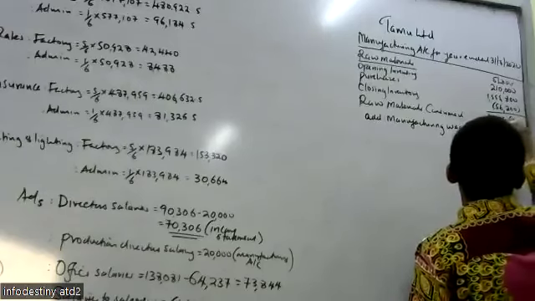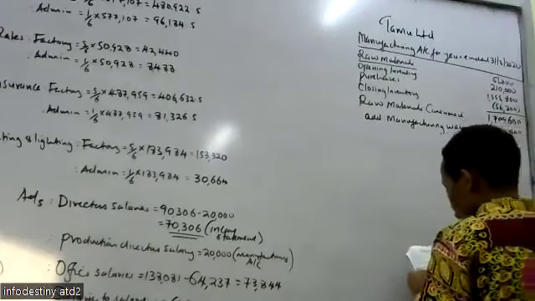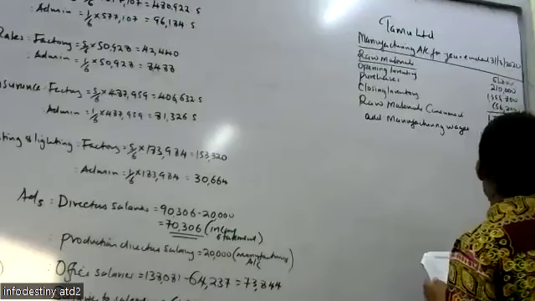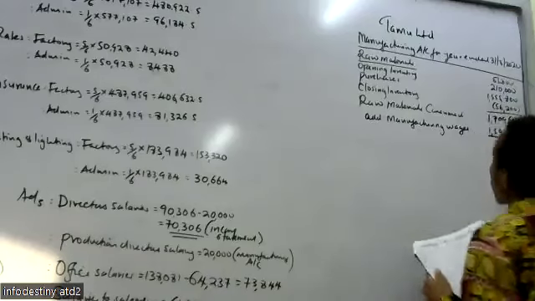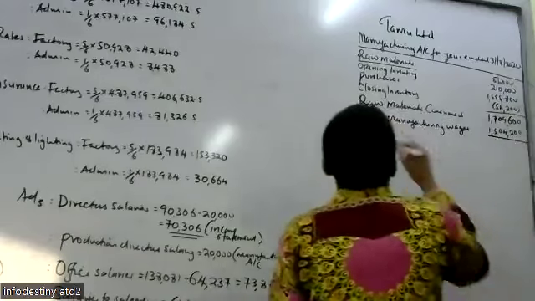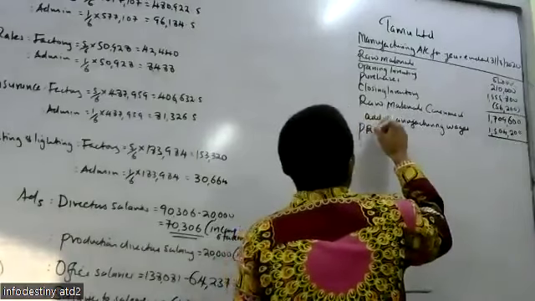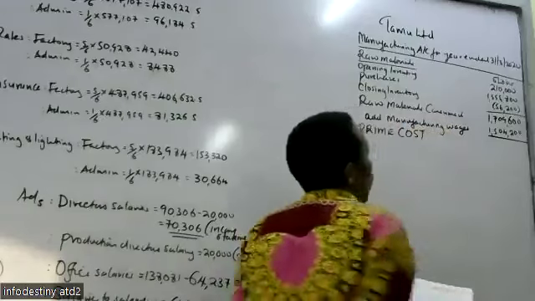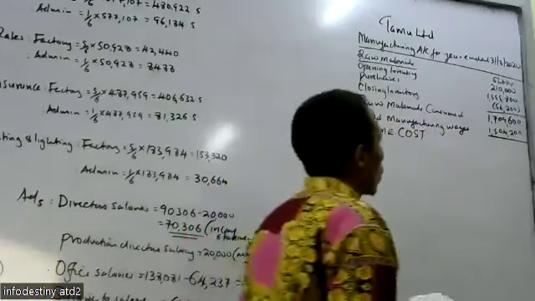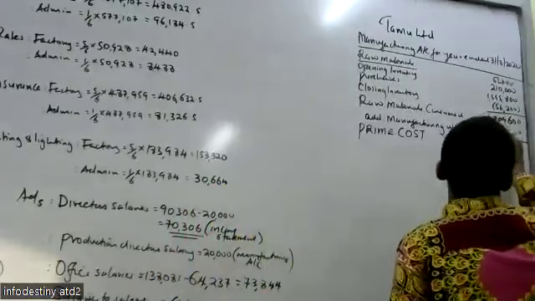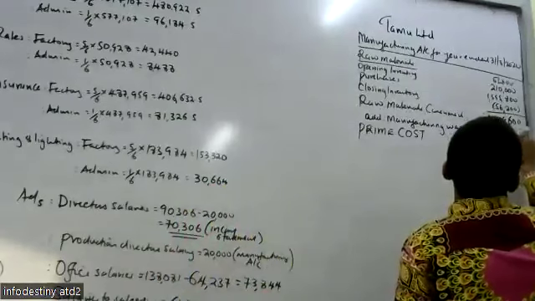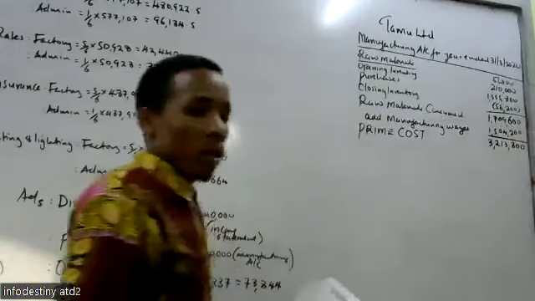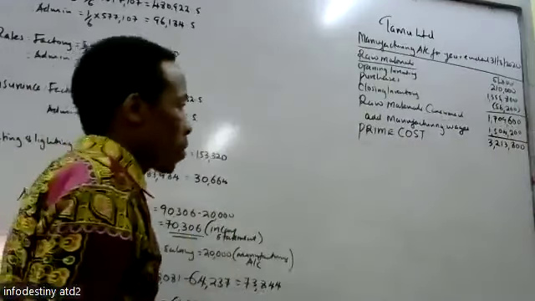We don't have royalties there, and I didn't see any other direct cost. So the total of that will give us the prime cost, which is 3,213,800. That is the prime cost.